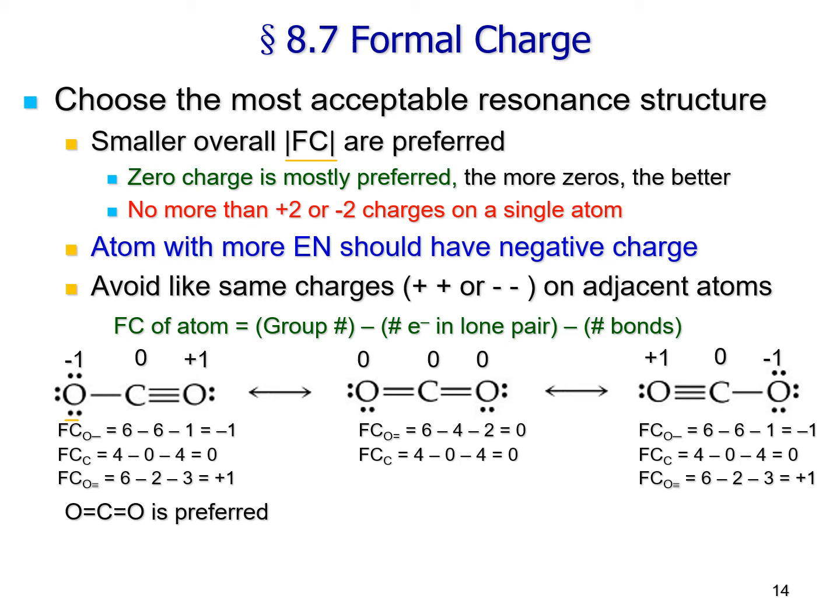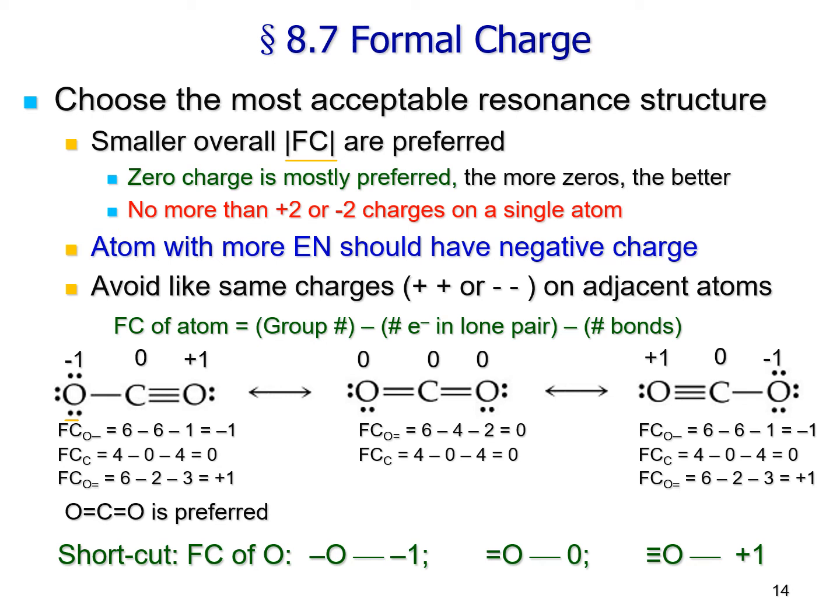For the sake of a final exam, I strongly recommend you guys memorize those shortcuts of formal charge, particularly on oxygen. As we already calculated, I just want you guys to understand single bonded oxygen has formal charge always -1. Double bonded oxygen has a formal charge always 0. Triple bonded oxygen has a formal charge always +1.